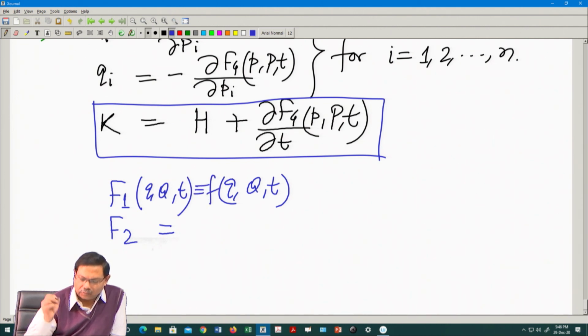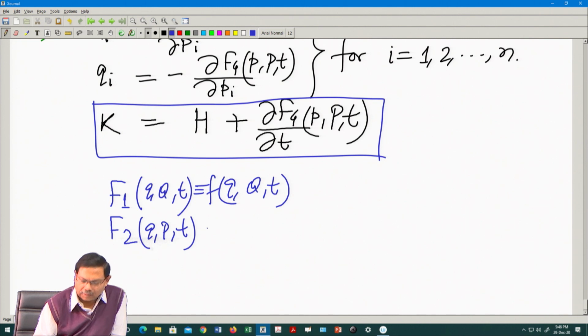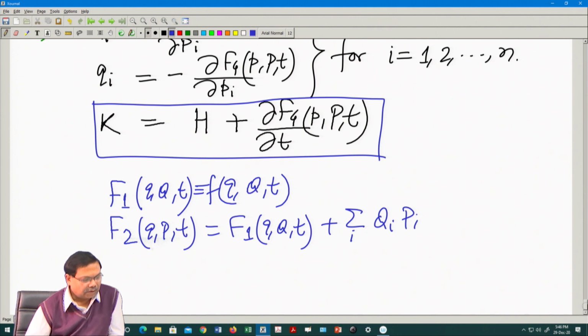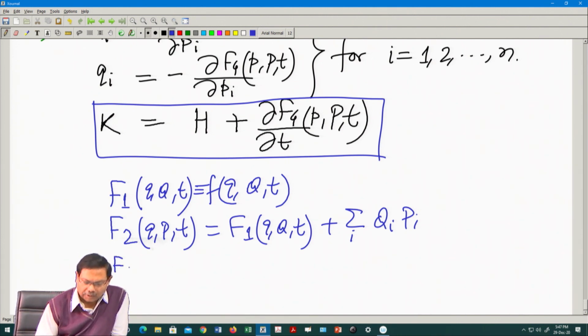That was our old function, and F2 of q, P and t was equal to this plus sum over Q_i P_i. So, that was our Legendre transformation.